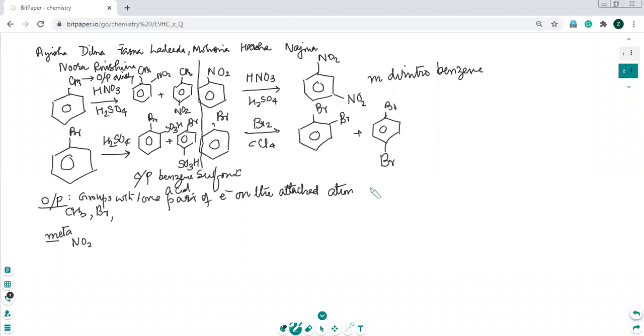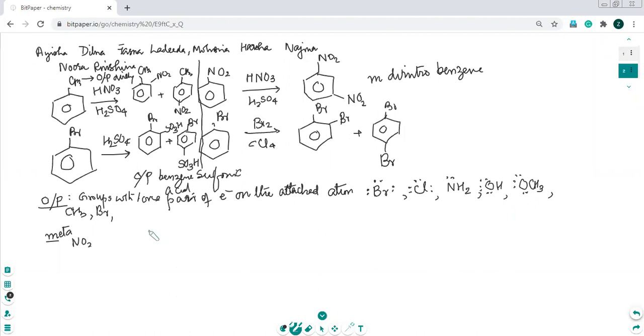Example, Br. See here, Br is attached. You have 3 lone pairs on Br. Similarly, Cl, NH2, OH, OCH3. All these groups are electron donating groups.